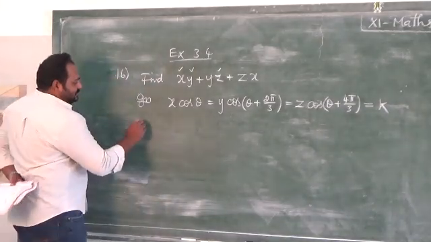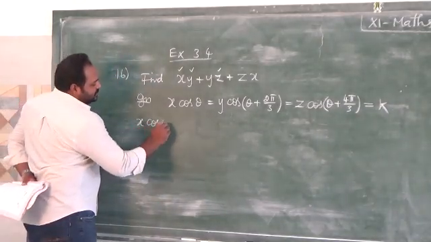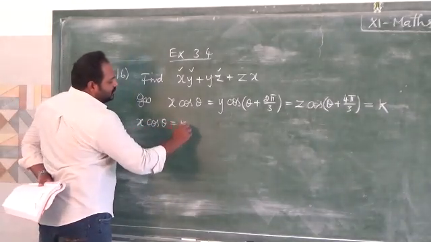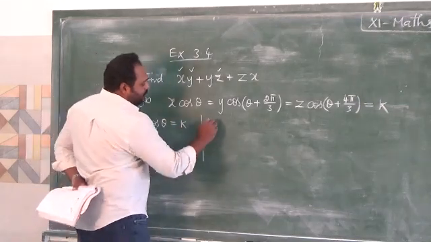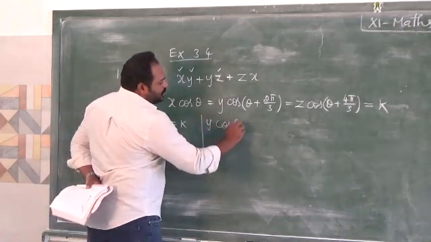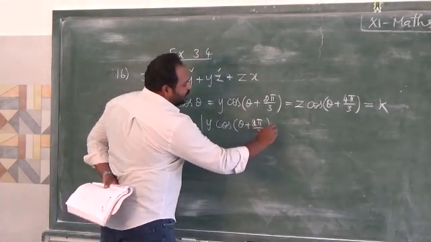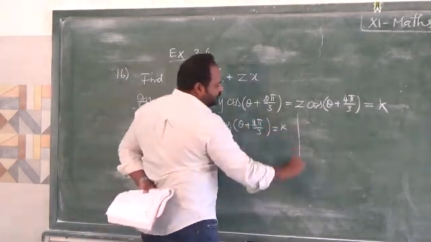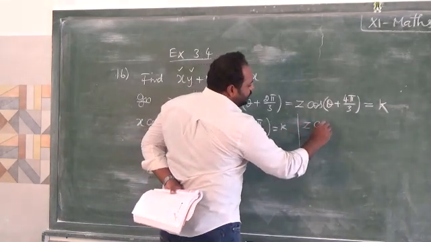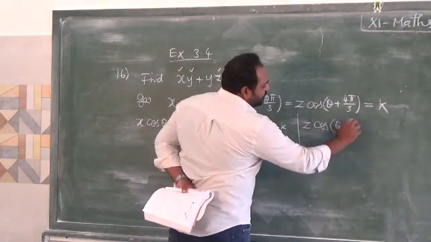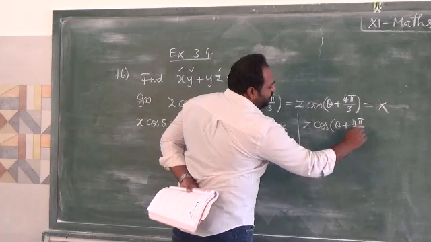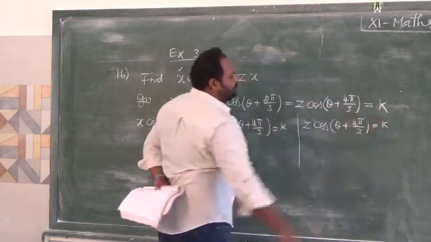What will happen? First, x cos theta equal to k, y cos of (theta plus 2 pi by 3) equal to k, z cos of (theta plus 4 pi by 3) equal to k.